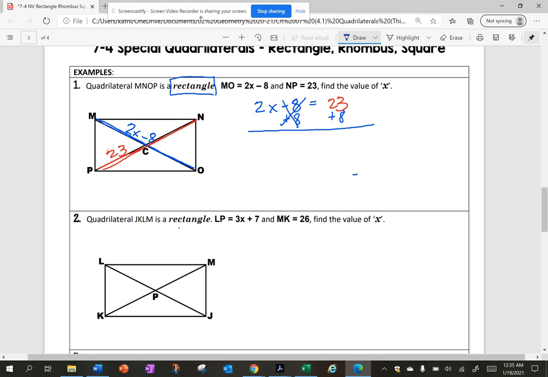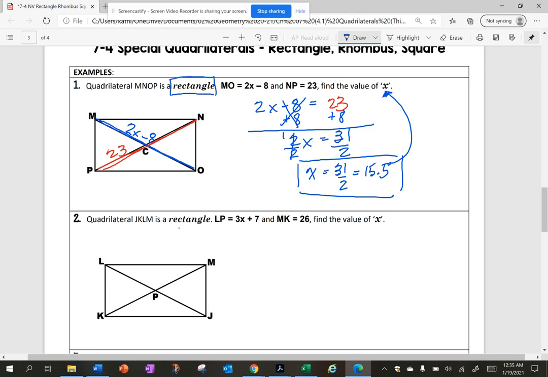So I have 2x equals 31. I'm going to divide by the coefficient next to the variable, so divide by 2. I get x equals 31 divided by 2 as a fraction, or 15.5 as a decimal. And I was just asked to solve for the variable, so I know I'm finished.